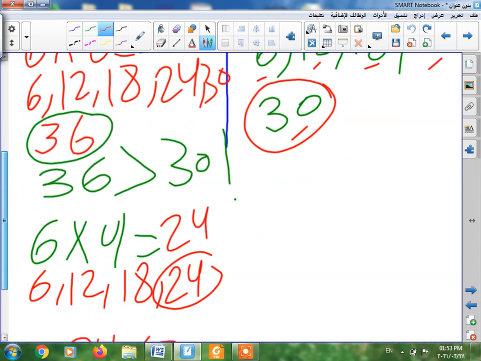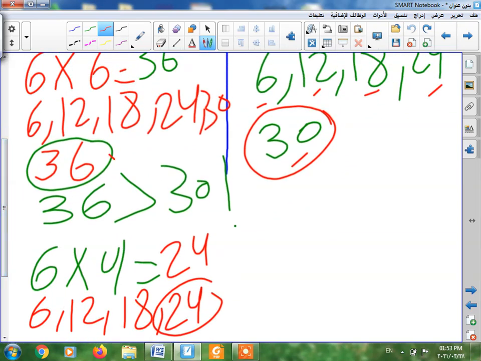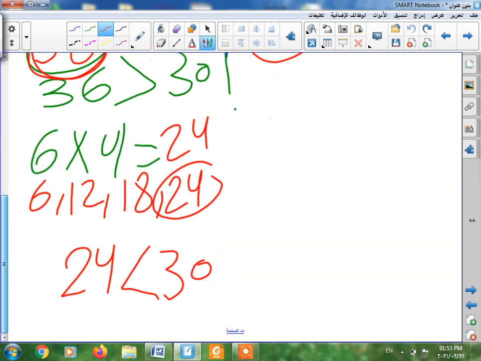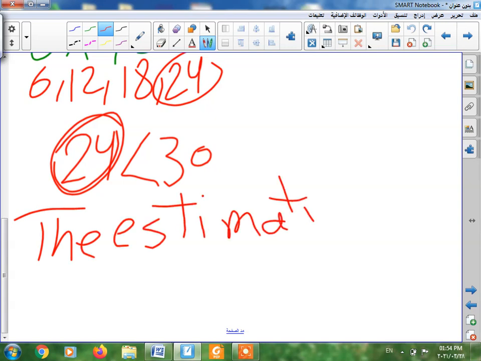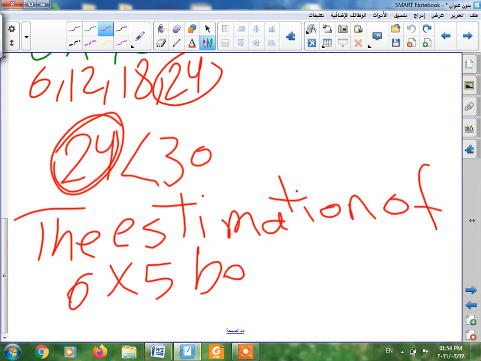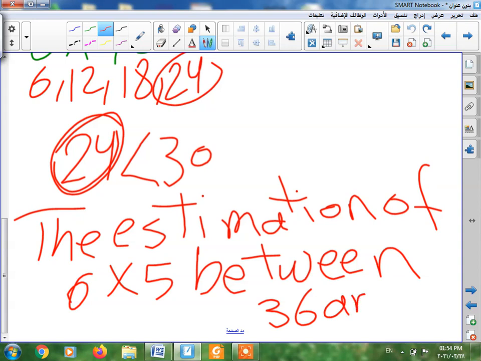Between 36 and 24. The estimation of 6 times 5 is between 36 and 24.